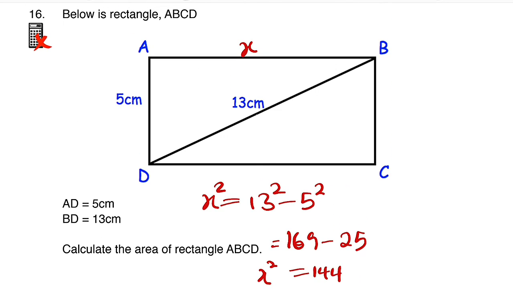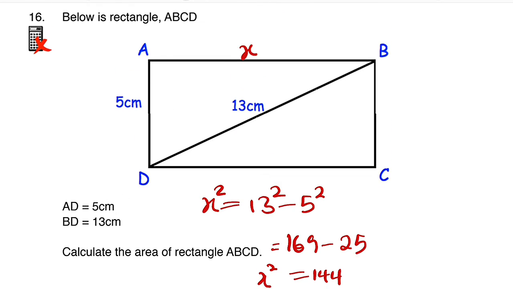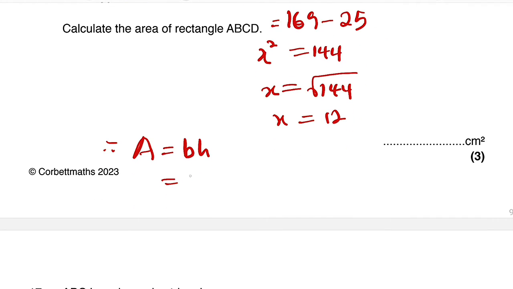If x is equal to 12, the area will be equal to what? Base times height, which is equal to, I can say length times width, all the same. This is 5 multiplied by 12, which is equal to 60 centimeter squared.